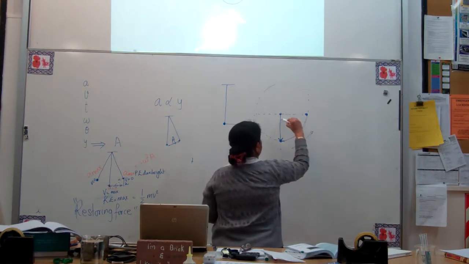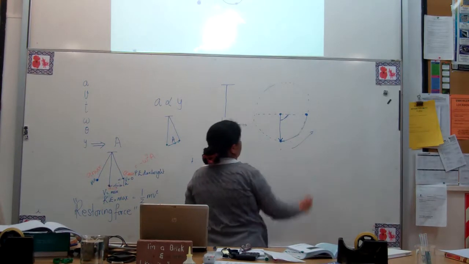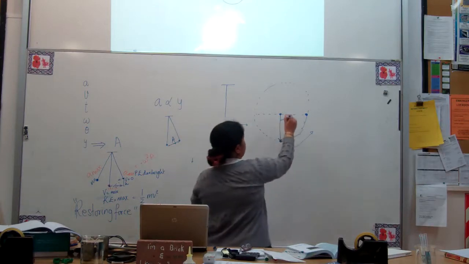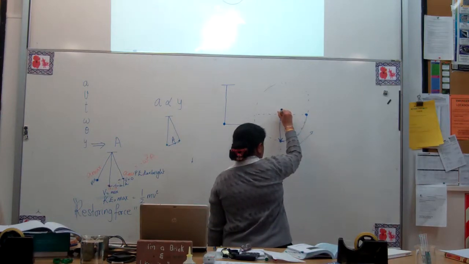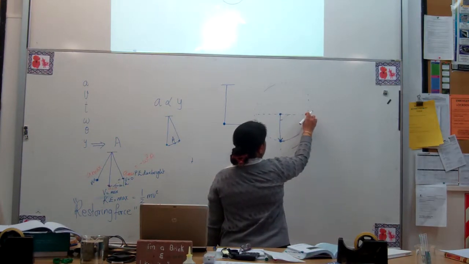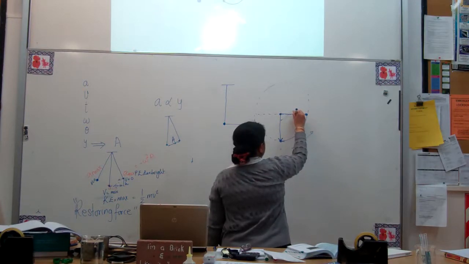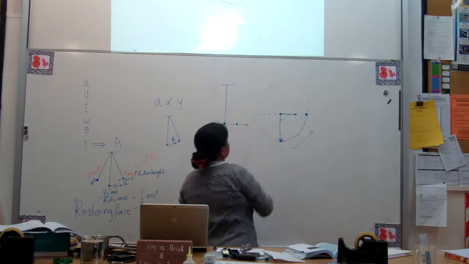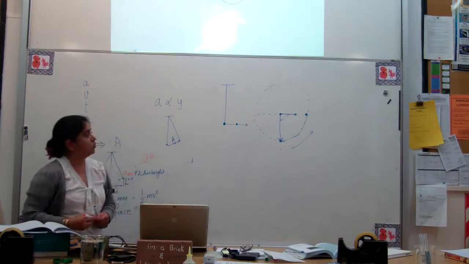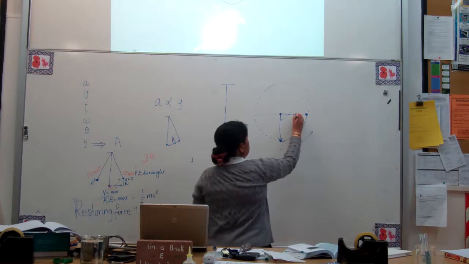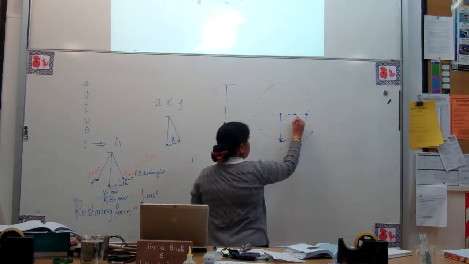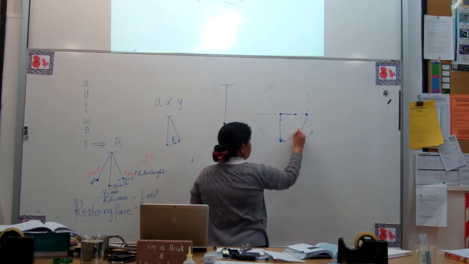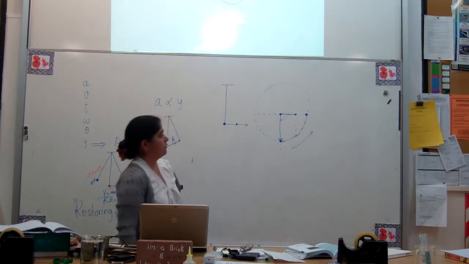This much of an angle it has covered. What about when the pendulum has just started from here, but instead of reaching that point, it is here? On the reference circle, how do we draw that? Bring the line straight down to the reference circle. That's where you are on the reference circle.